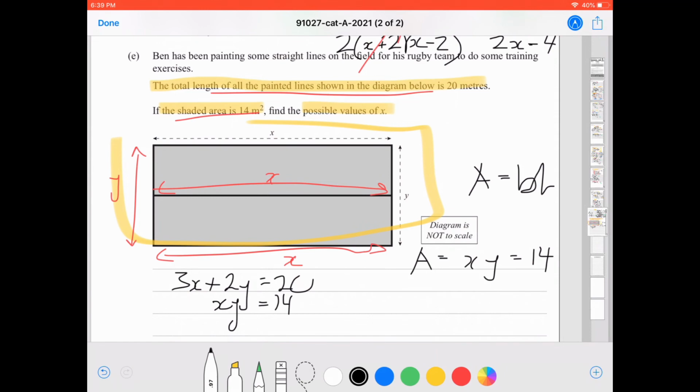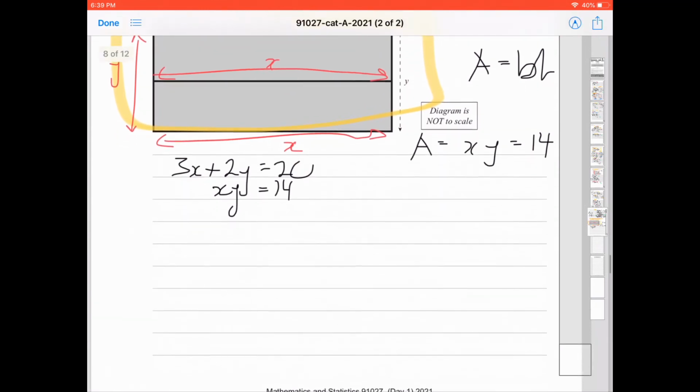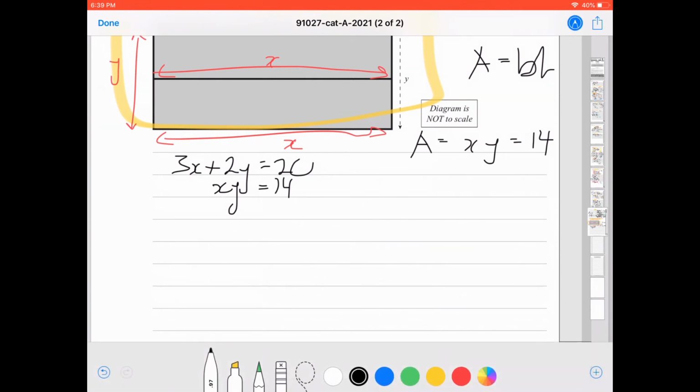So we can do this by solving simultaneously. It's a little bit different in that we've got this sort of odd xy equals 14 equation, but we use the same principles. Let's use substitution. We're going to say instead of xy equals 14, we're going to say y equals 14 over x.